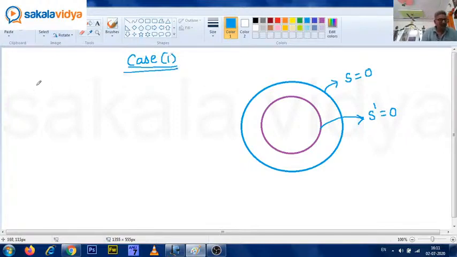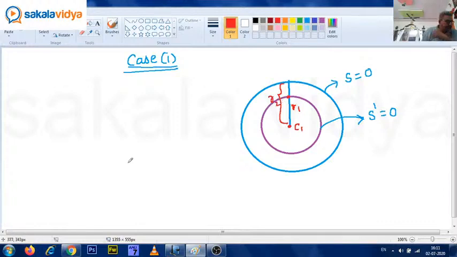Here in case 1, if you observe, for example, this is the center, say this is C1, this is radius R1, this radius is R2.